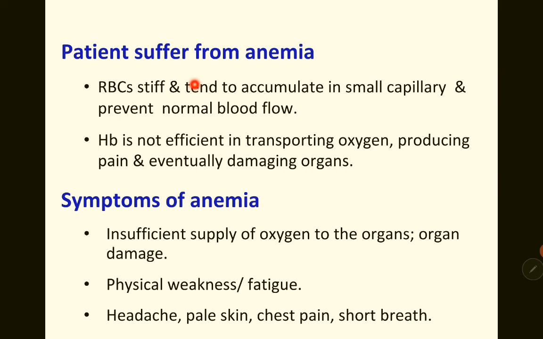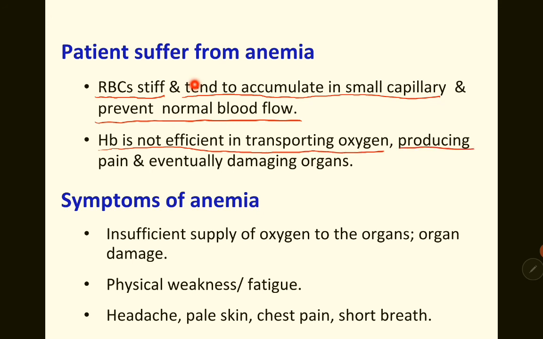So what is the effect of sickle shape red blood cells? This red blood cell will be stiff and tend to accumulate in the small capillaries and prevent the normal blood flow. So now hemoglobin is not efficient in transporting oxygen anymore, and it produces pain and eventually damages other organs.